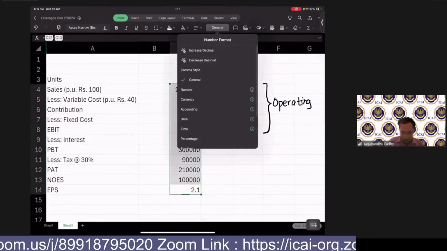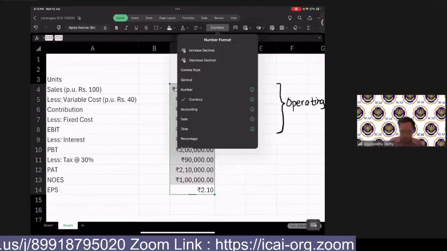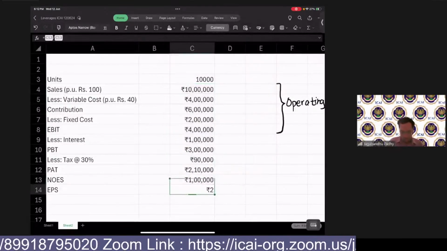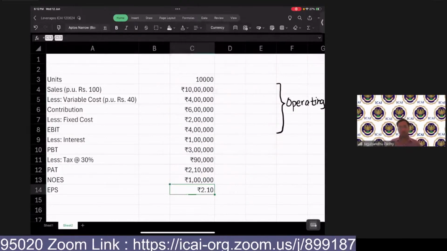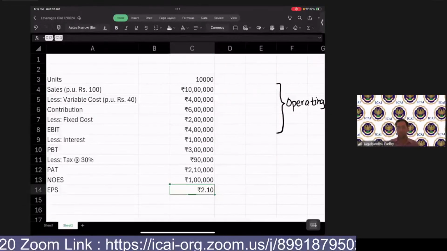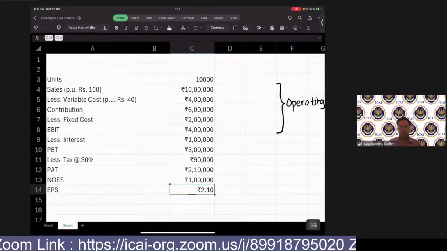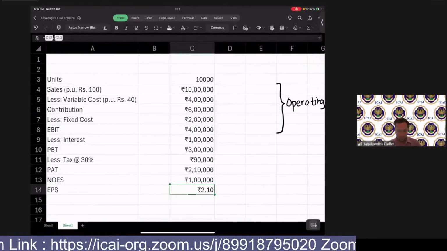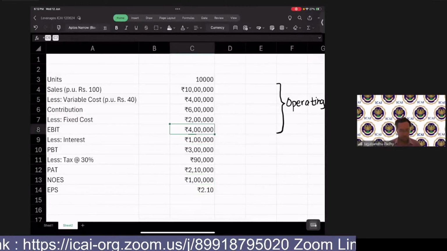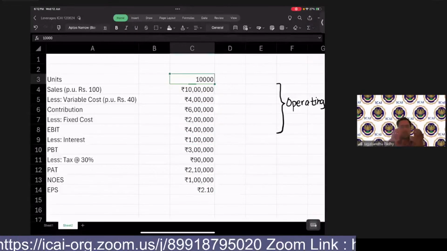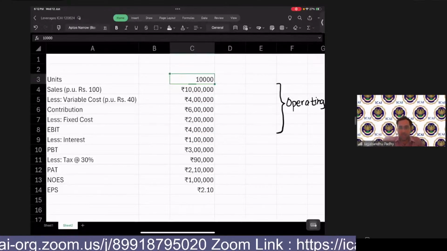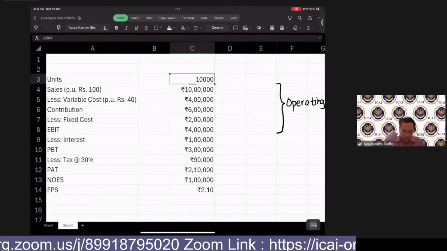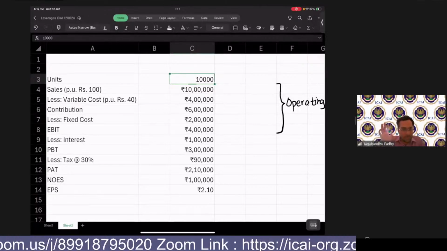Okay. Now, sir, you were saying there will be some concept called lever. We will be able to see some sort of less effort but more results. We are just on the verge to reach that point. So initially, you were putting some efforts to make sales and you were able to attain sales of 10,000 units. That is resulting in an EPS of 2.1.